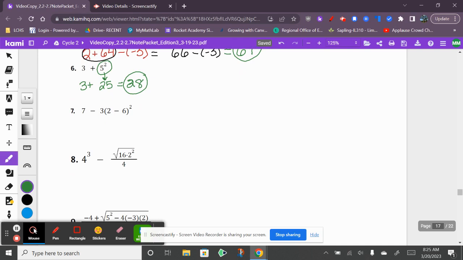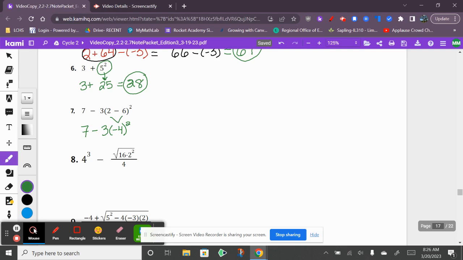For number 7, this one has a lot more operations, so I'm going to look to see if I have grouping first. I do. So I'm going to use that first. So 2 minus 6 will give us negative 4. Since I still have an exponent on the outside, I'm not going to get rid of the parentheses yet.